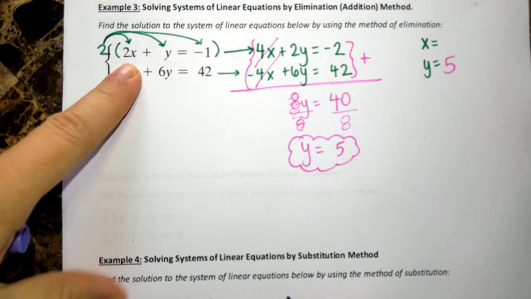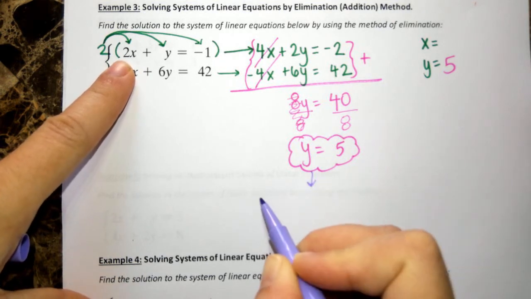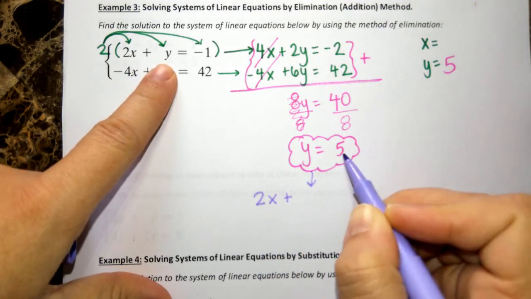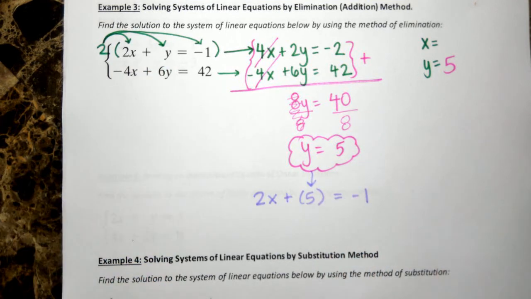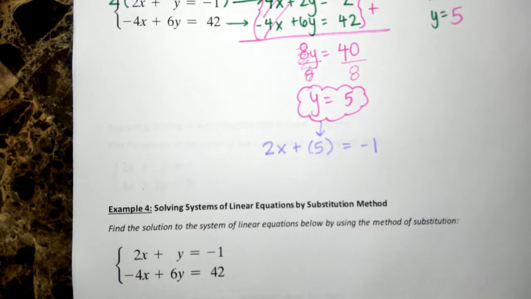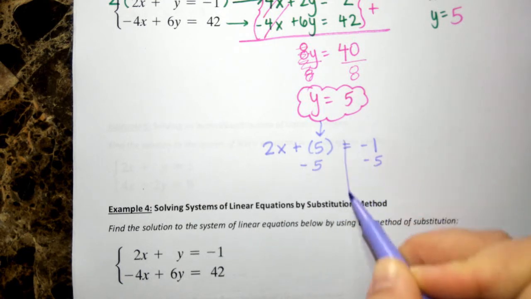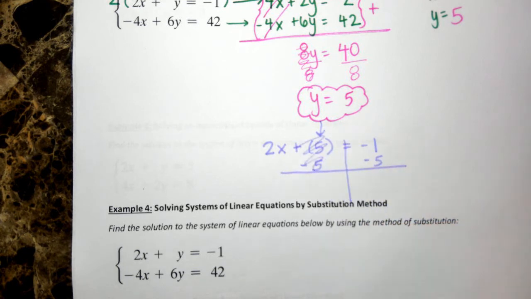So I'm going to go ahead and plug this into the first equation, and that'll give me 2x plus y, which we just said y was 5, equals -1. And then I'm just going to solve for x. So let's see, I have a plus 5. I'm just going to subtract 5 from both sides. Running out of space here. 5 minus 5, those cancel out.